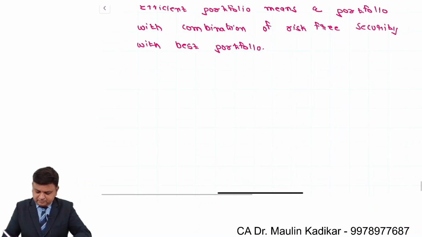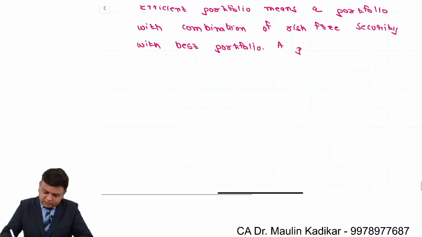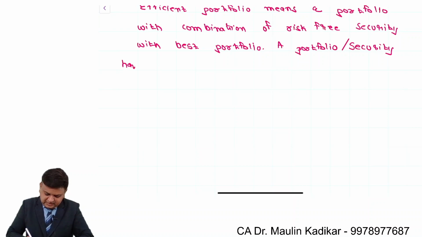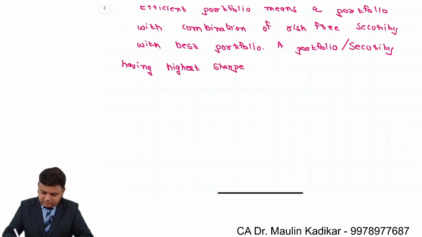Full stop. A portfolio or security having the highest Sharpe ratio is considered to be the best portfolio. Full stop.